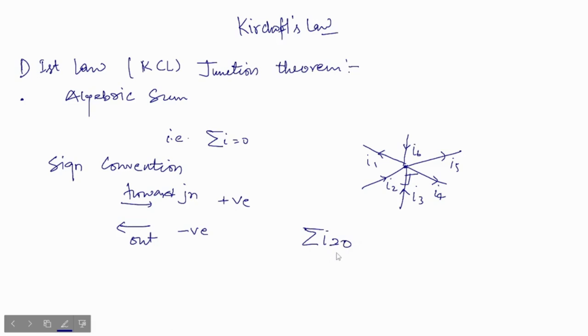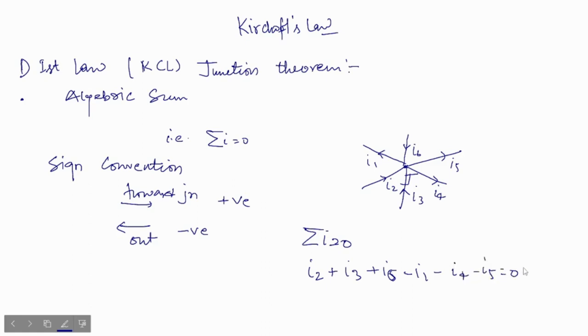So the currents coming in, which we take as positive, are I2 plus I3 plus I6. And the currents leaving we take as negative: minus I1, minus I4, minus I5.